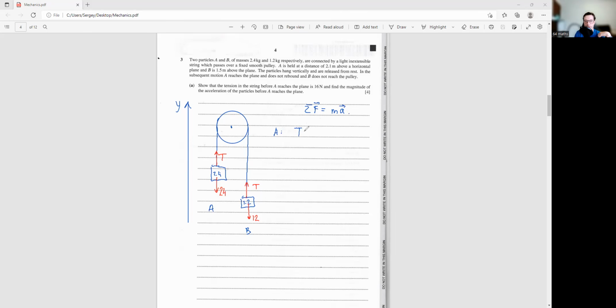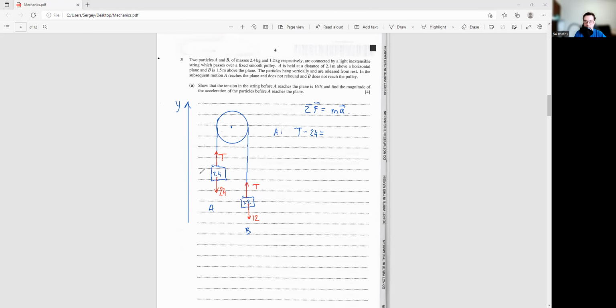The weight is negative because it's acting in the opposite direction of the y-axis.